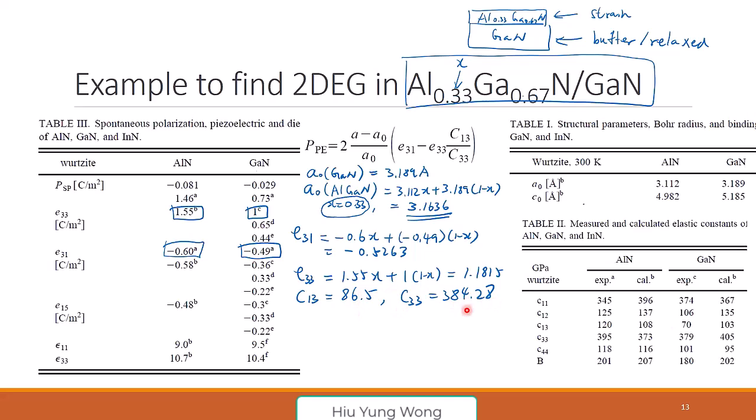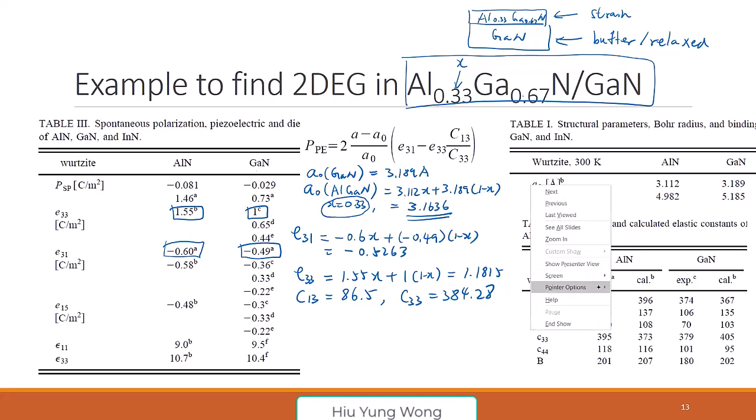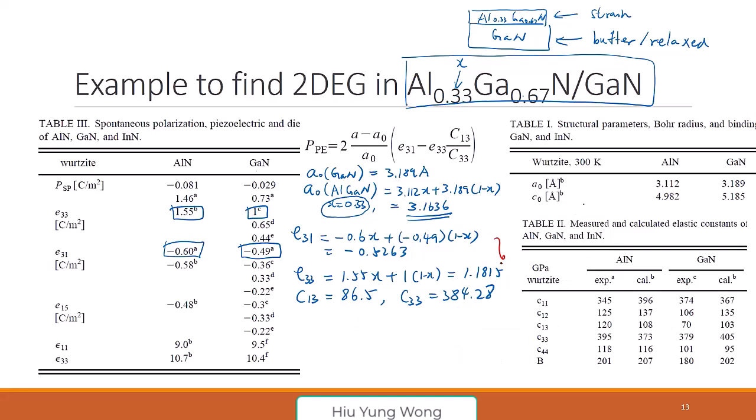If you cannot do it, send me the equation, I can double check for you. I calculate this for aluminum 0.33, gallium 0.67 nitride. That is what I'm doing.